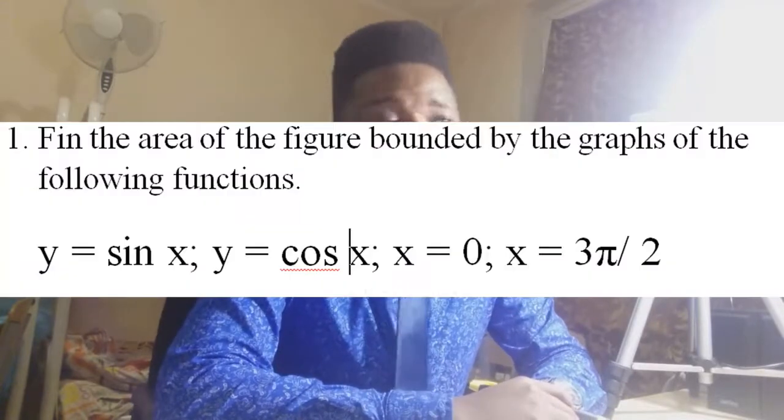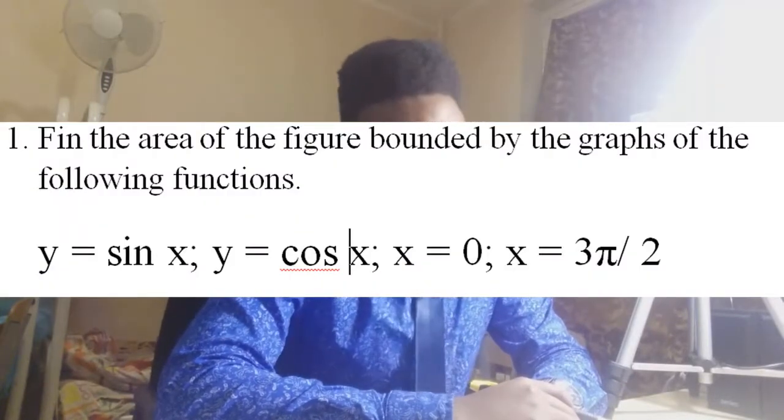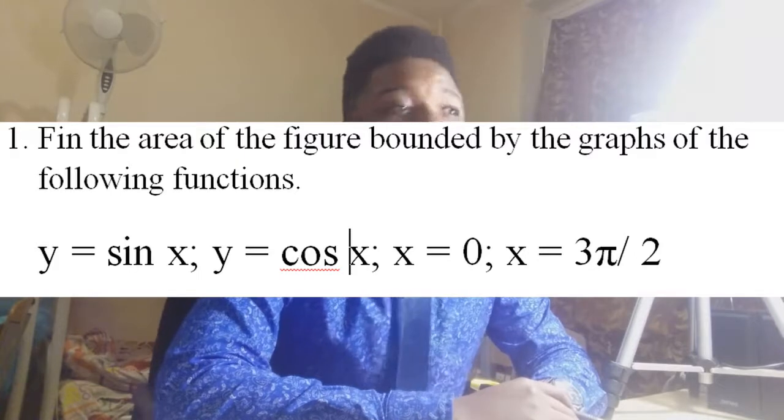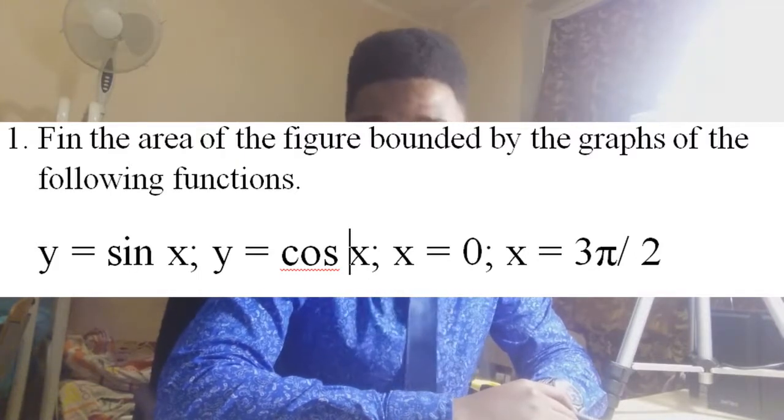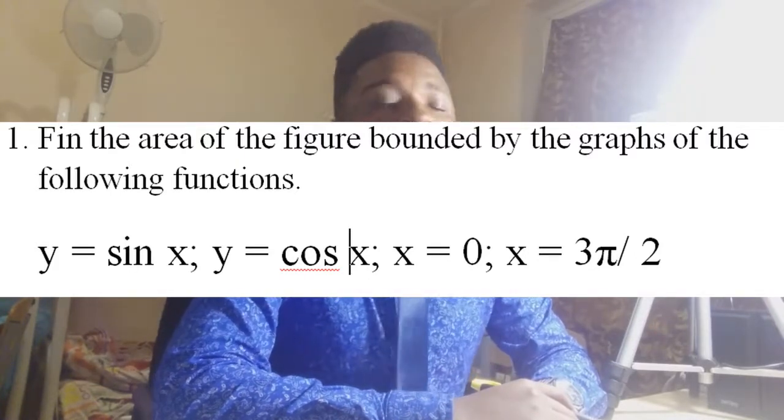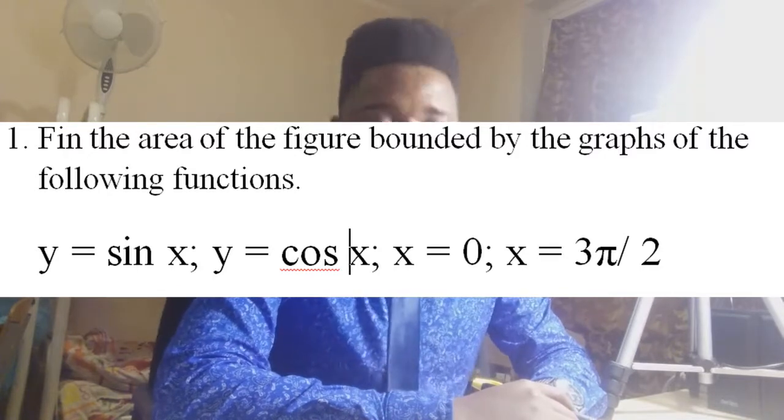The question says: find the area of the figure bounded by the graphs of the following functions. Okay, so these are the functions. Let me start by writing the functions. The first function is y equals sin x.